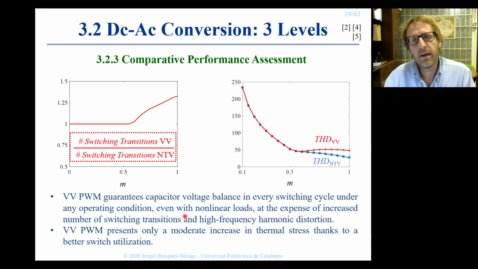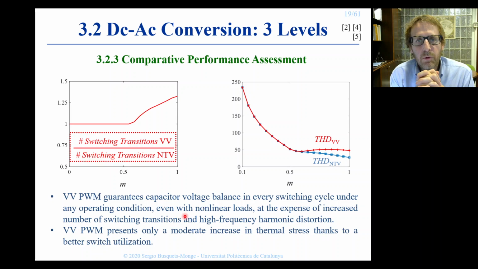losses, obviously, the thermal stress does not increase that much because what the virtual vector pulse width modulation is doing is using the switches for a longer portion of the line cycle, while the NTB pulse width modulation is using switches for half of the line cycle, and then those switches stop switching for the other half of the line cycle.